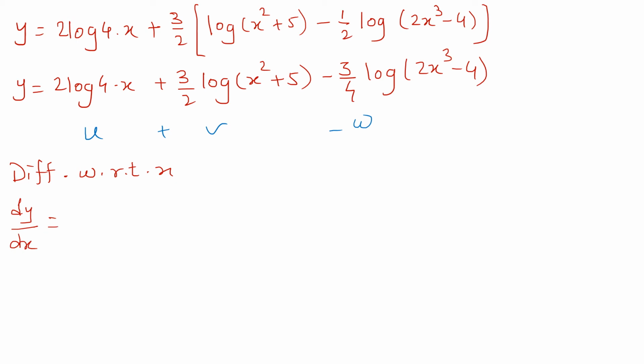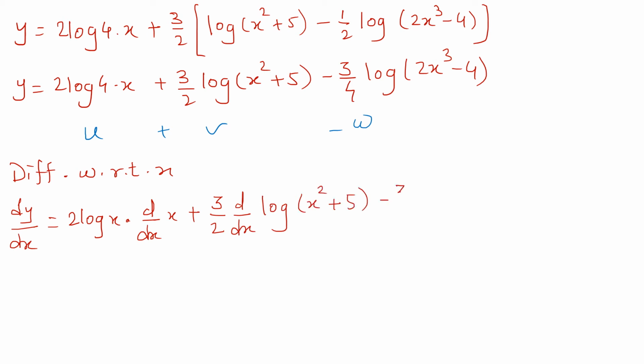For the right hand side, 2 log 4 is out into derivative of x with respect to x, plus 3 by 2 is constant into derivative of log of x square plus 5, minus 3 by 4 is constant into derivative of log of 2x cube minus 4.